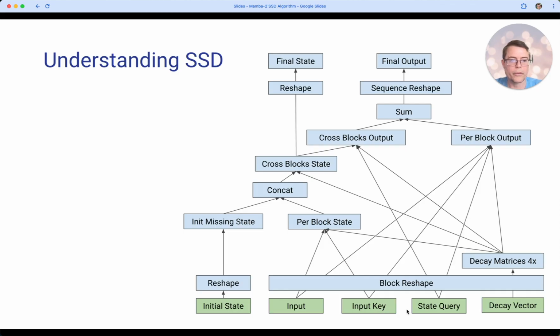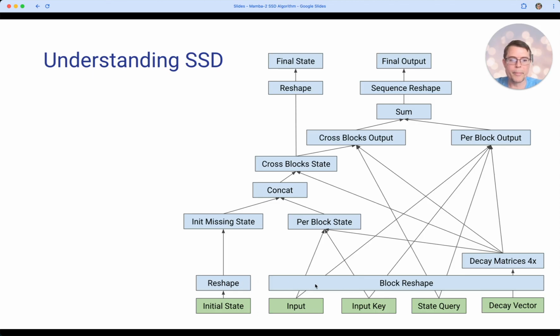They work kind of like the key and query matrices in a transformer. And you've got some state, and in training your initial state is 0, but for inference you'll calculate a token, and then your output's final state becomes your input state for the next token, and so you just keep passing it along. So these are all your inputs.